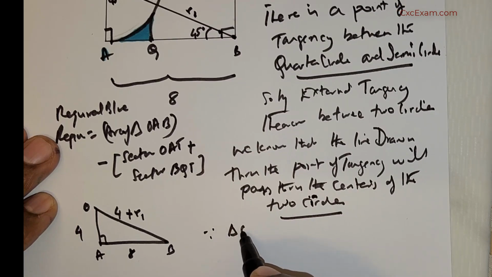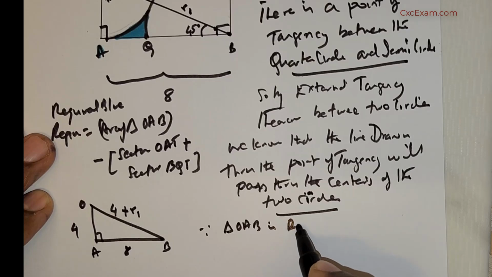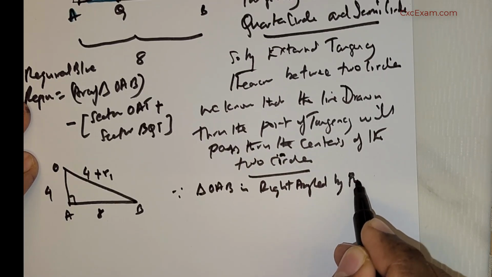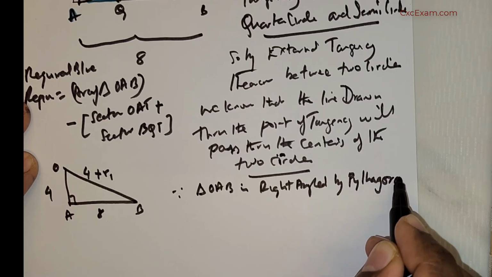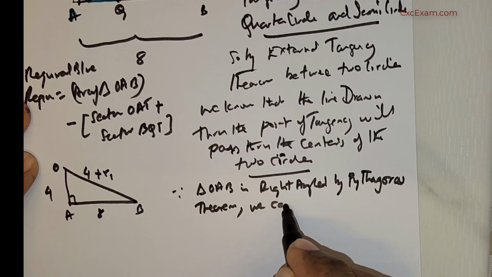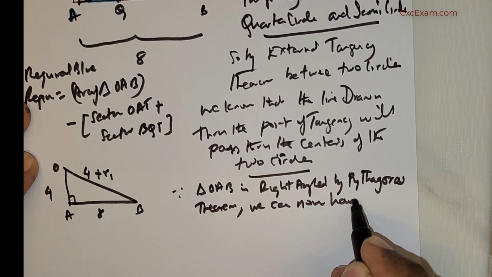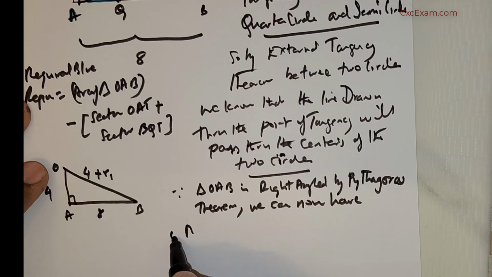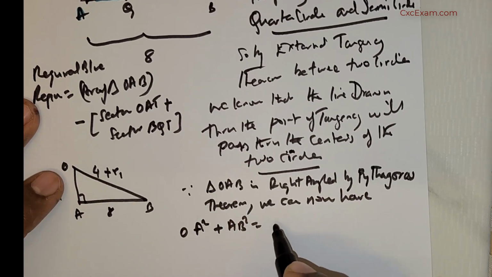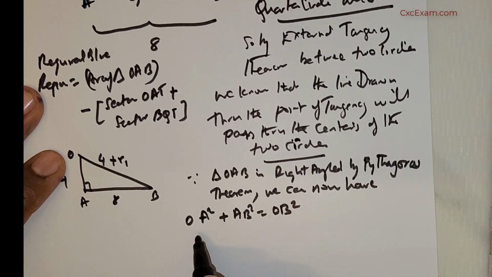So since the triangle OAB is right angled, by Pythagoras theorem, we can now have OA squared plus AB squared is equal to OB squared.